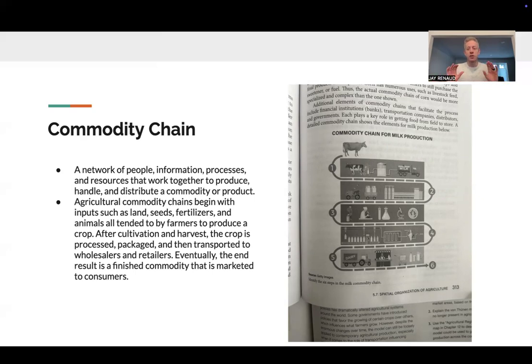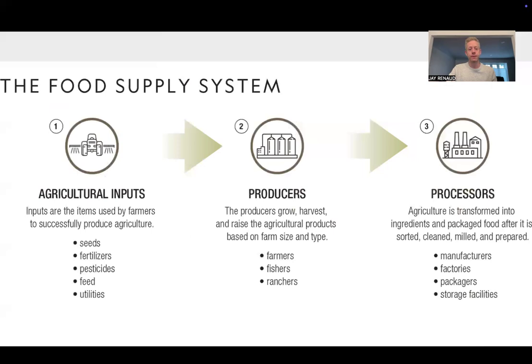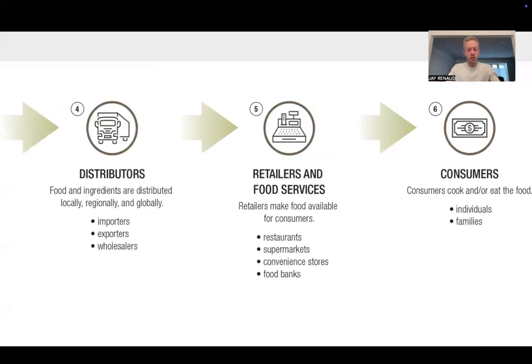You can apply it to your sectors as well, from primary, secondary to tertiary. It's all the same thing. Here is the supply chain or the commodity chain going from the inputs to the producing of it, to the processing of it, to the distribution of it, to the selling of it, to then your house.